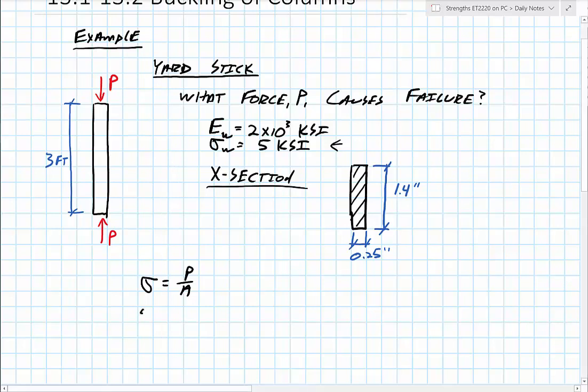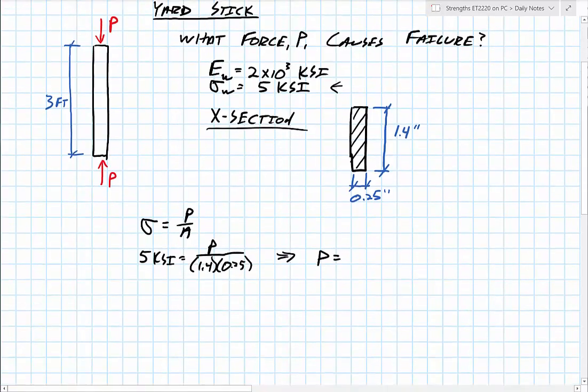So if I have this 5 ksi, I'm solving for P. Cross-sectional area is 1.4 by 0.25 inches. Solve for P, and what I end up with is that a force P of 1,750 pounds is required for failure.